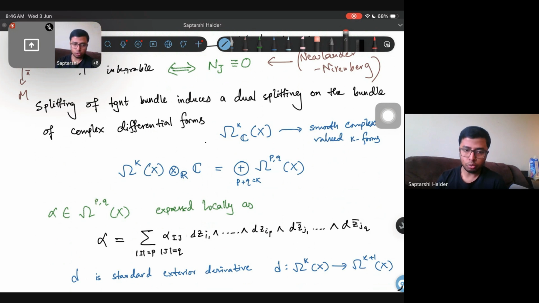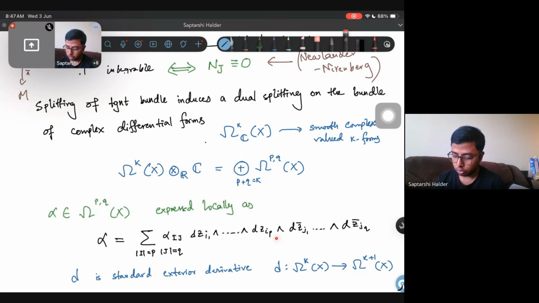So from there, what we can define is, for alpha in Omega^{p,q}(X), a smooth complex-valued k-form, it can be expressed locally as like this. These are smooth functions.